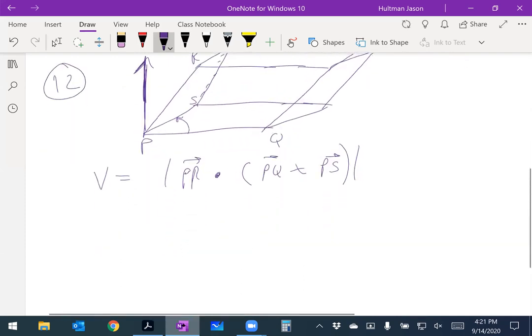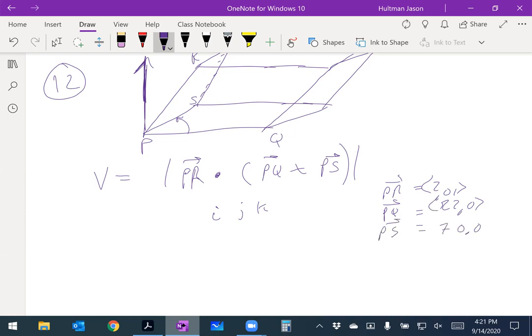Okay. Well, for those of you that haven't tried this one yet, you just go i, j, k, and then again PR is equal to 201. PQ is equal to 220, and PS is going to be equal to 200.